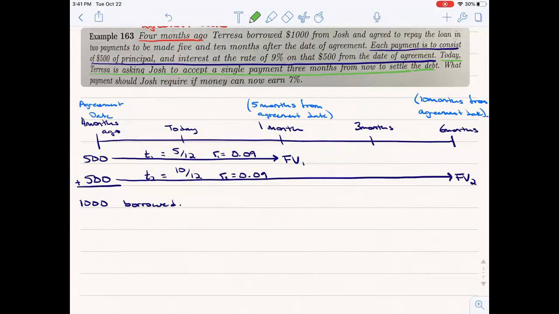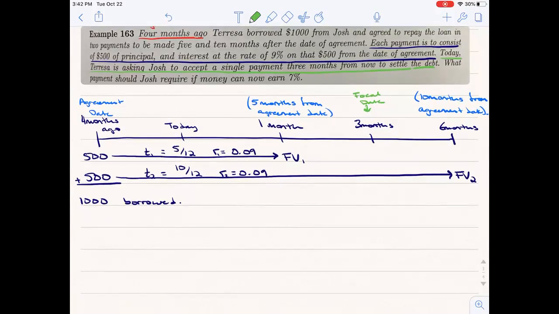So now, after we've calculated these amounts, we want to know the value of these amounts 3 months from today. That makes the 3 months our focal date, because that's where we're pulling all our payments to. So here, this is our focal date. Some people find the focal date helpful, some people don't, but I just highlight it because it's where we're pulling all our payments to in the end.